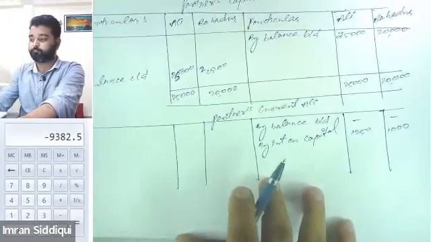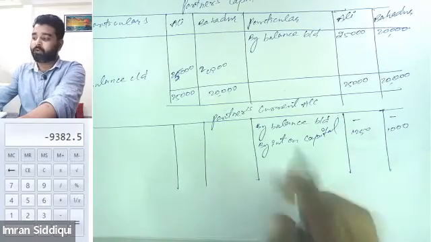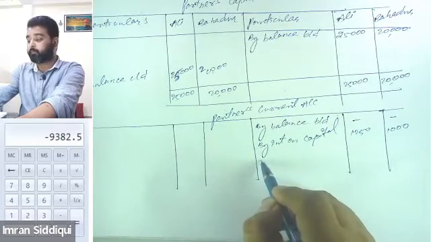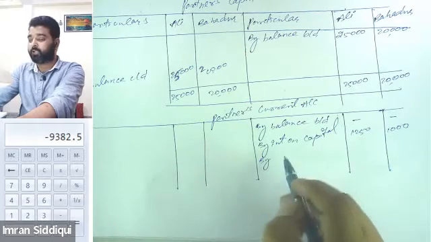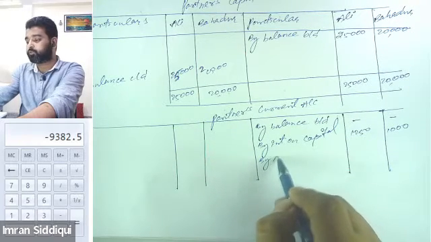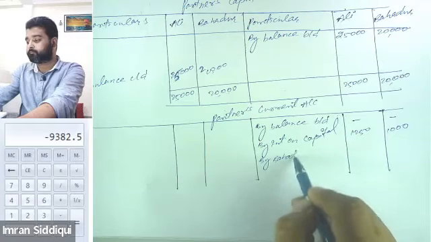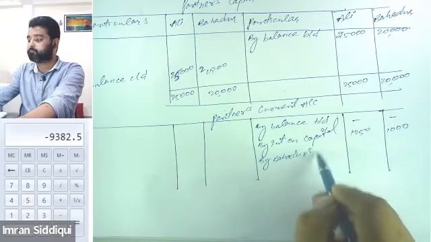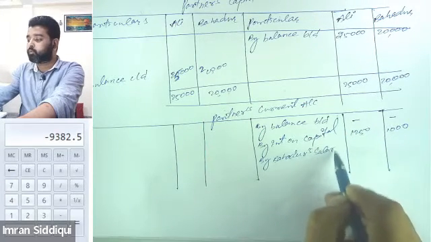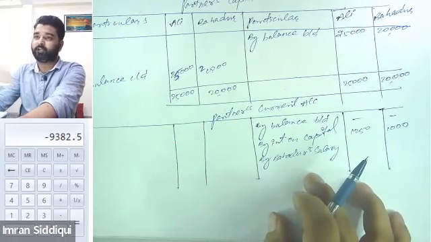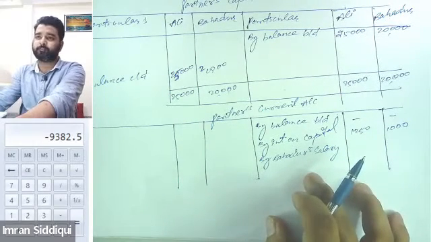Apart from interest on capital, Bahadur also got a salary of 3,000. So Bahadur's salary will also be recorded on the credit side. Everyone knows the reason why we are recording all these things on the credit side of the current account. The reason is very simple, guys.